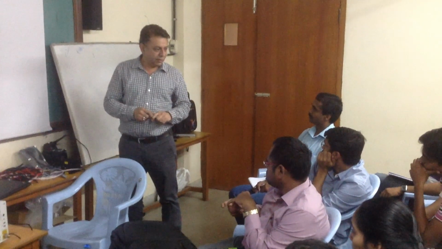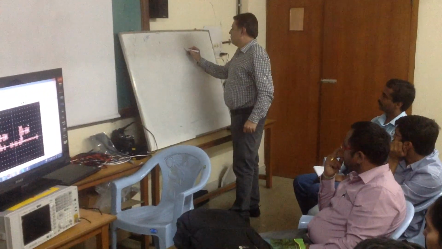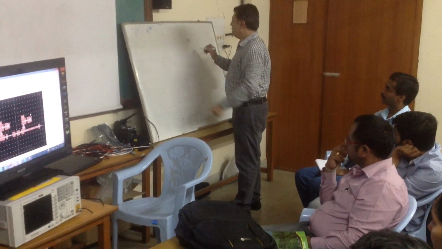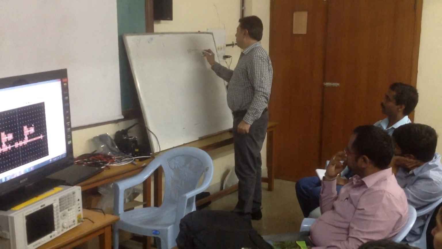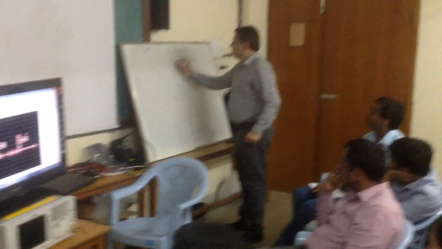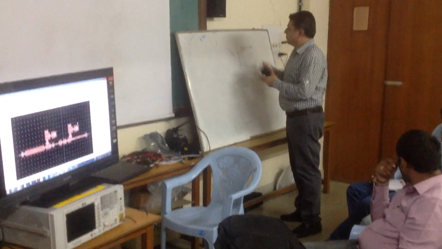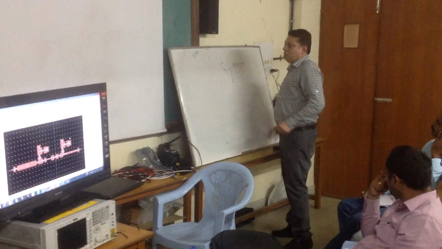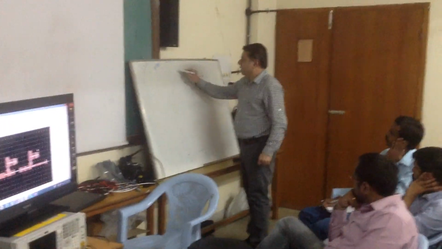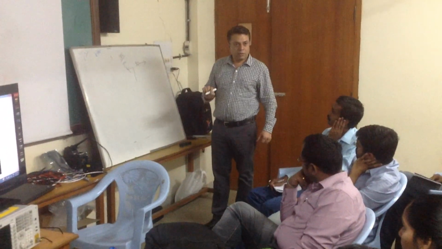So how do you do that? Let's say in this case, the termination was on the right half of the Smith chart matching point, and probably it was around 100 if I am correct, 100 ohm real.